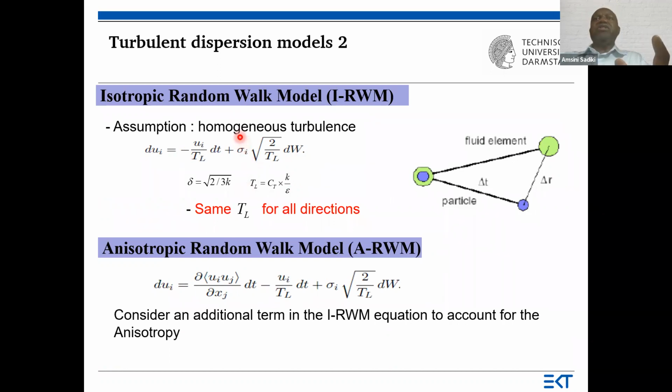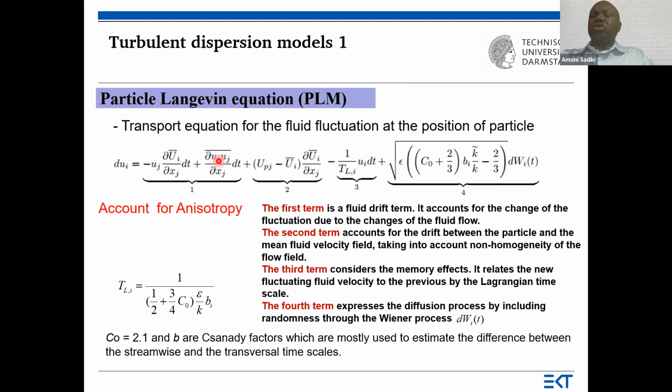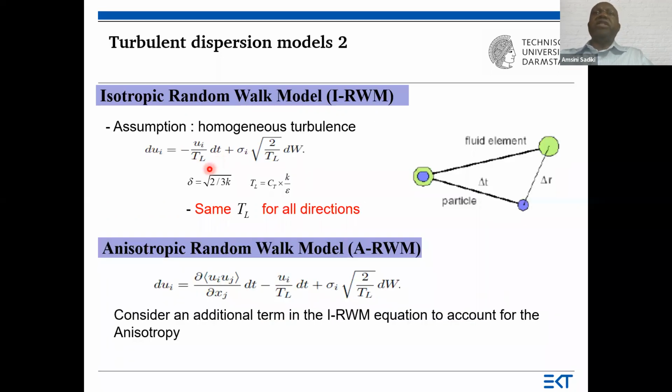But because it is homogeneous, the Lagrangian time will be the same for all directions. We can also consider the so-called anisotropic random walk model. We consider this term and this term, so we add only the term in which we have this anisotropy. That is why we call it the anisotropic model. We consider an additional term in this isotropic random walk model to account for the anisotropy.